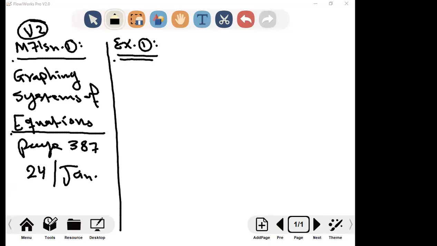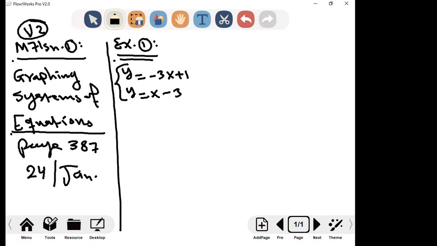Now this is the system of equations you have: y equals minus 3x plus 1 and y equals x minus 3. This is not one equation, it is two equations. Together we call them a system of equations. Now if you see the graph, it's already graphed in your book, right? One with a red line and the other with a blue line.